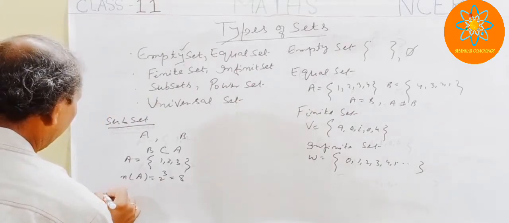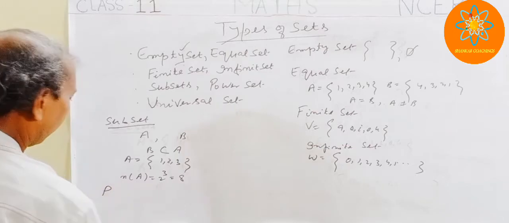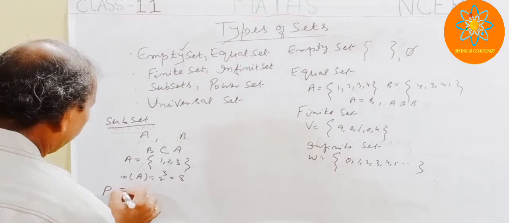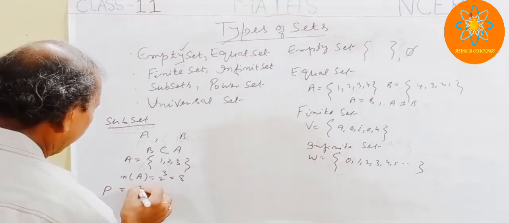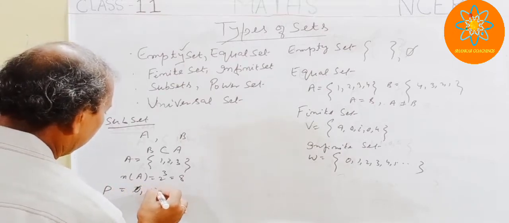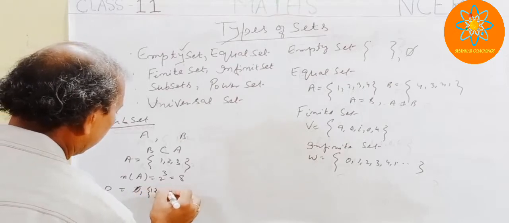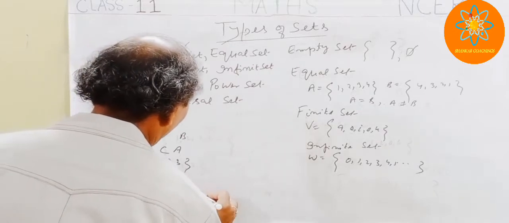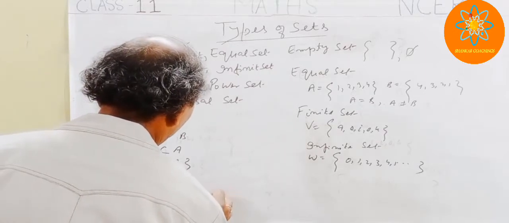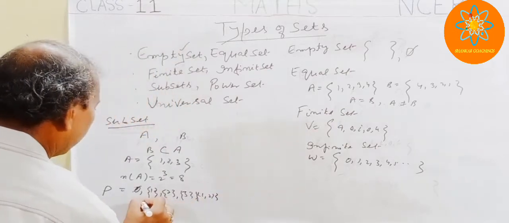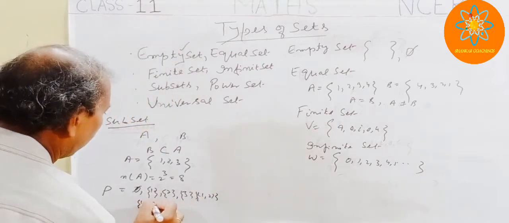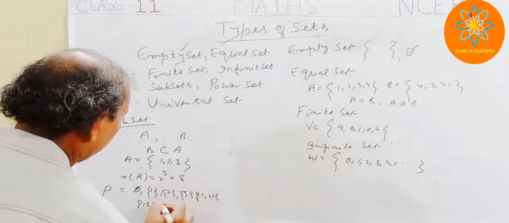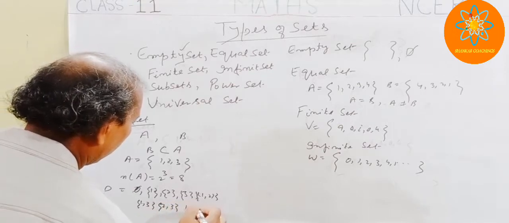Let's suppose I denote the power set by P. So this power set P is equal to: phi, {1}, {2}, {3}, {1, 2}, {1, 3}, {2, 3} and {1, 2, 3}.